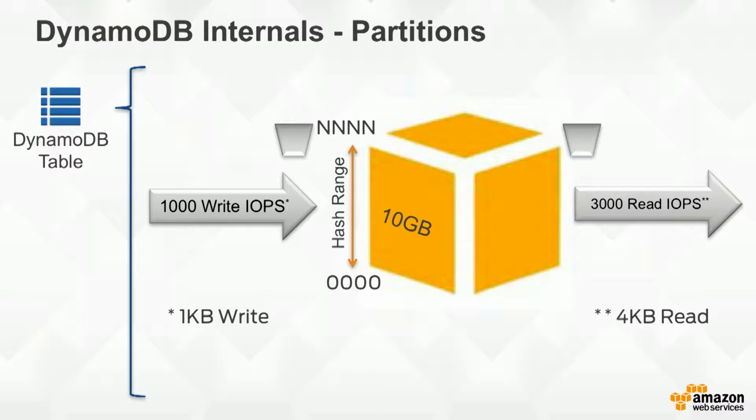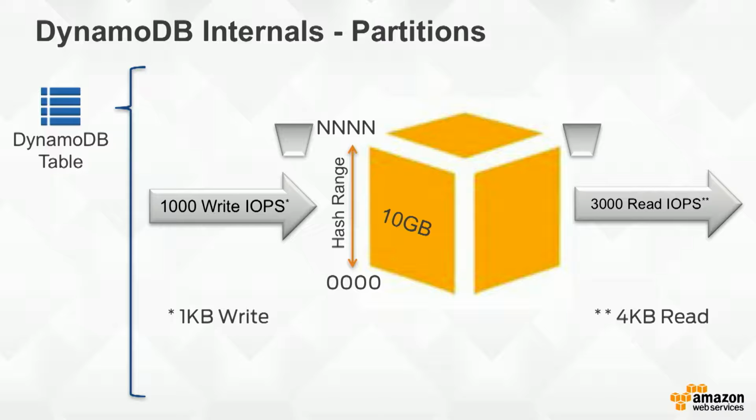Inside of Dynamo, we maintain partitions, no great surprise, and those are based upon what we call hash range partitioning. In the past, I think it had been a little bit hard to understand, well, how big and how far will my DynamoDB environment scale? And we want to be much more transparent about that.